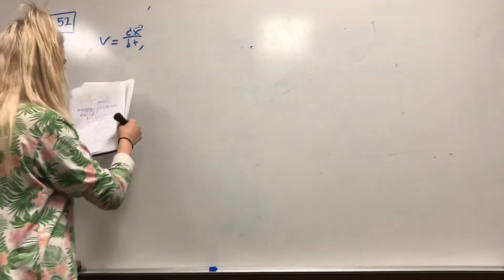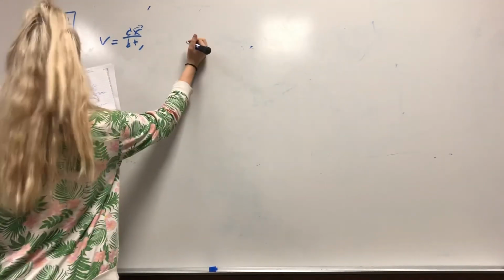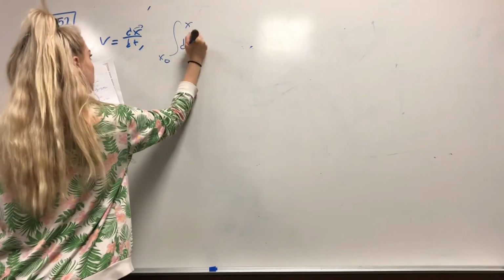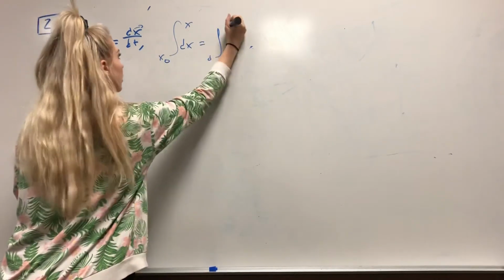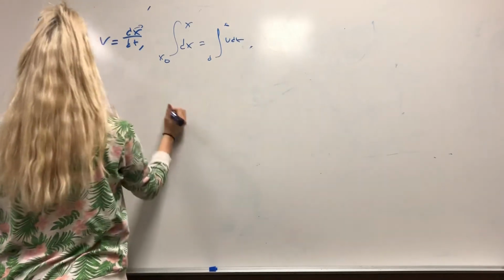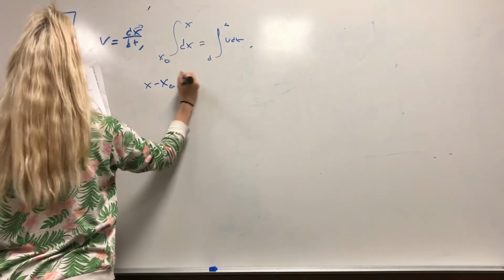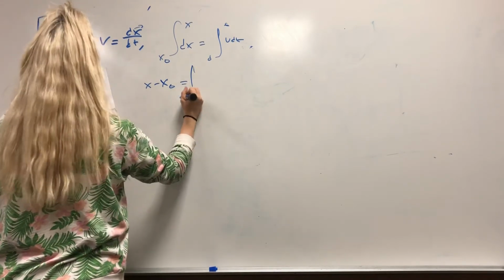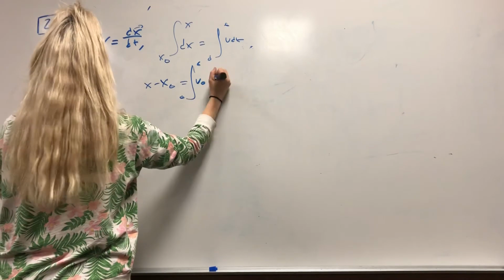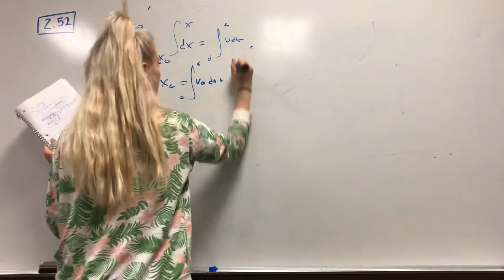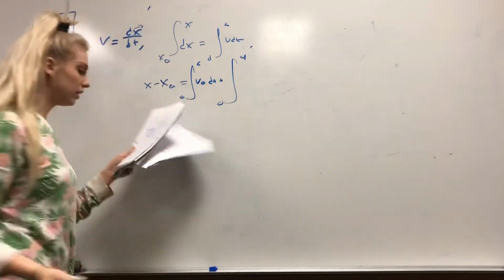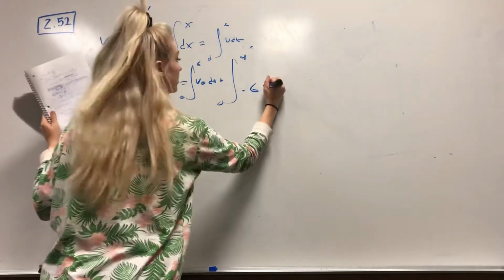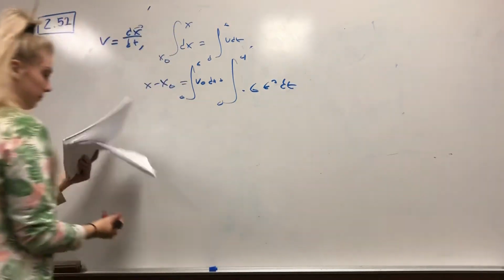After doing the integral, we get the equation that x minus x naught is equal to the integral from 0 to t of v naught dt plus the integral from 0 to t of 0.6 t squared dt.